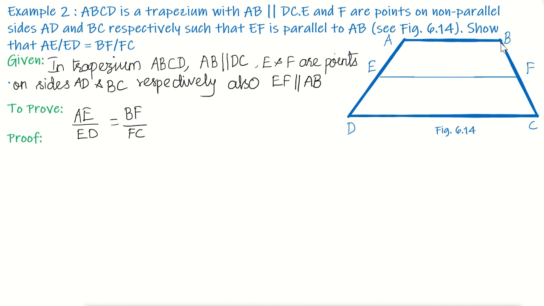Already we have AB parallel to DC as this is the trapezium. அதனால EF AB க்கு parallel இருக்கும்போது already AB DC க்கு parallel இருக்கிறதுனால this EF is also parallel to DC. Okay, so that we can write it in the given portion itself, EF parallel to DC as well. Okay வா? Then to prove problemல கொடுத்திருக்கிற portion, we are going to give the proof for this.